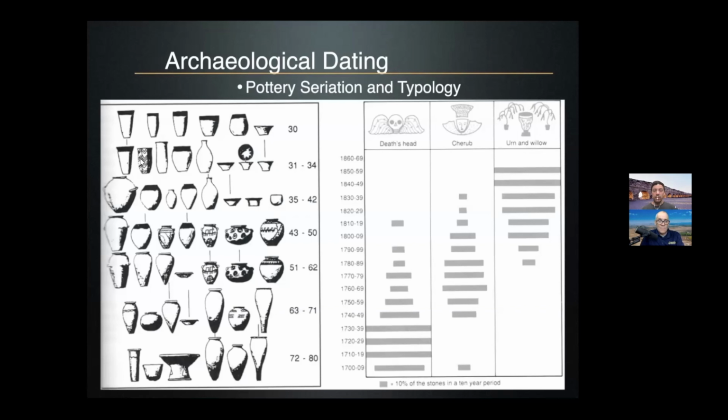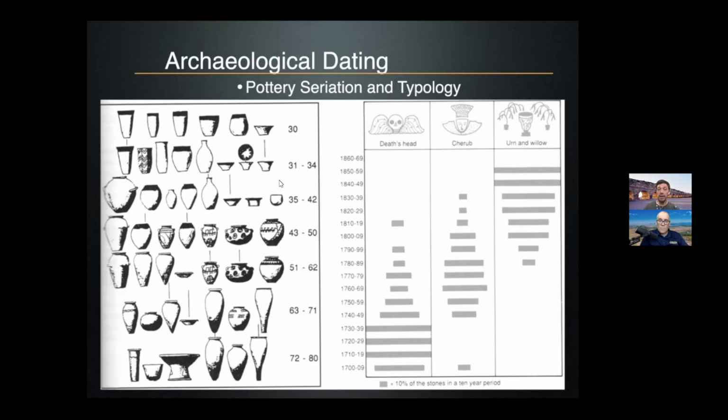And he realized that certain forms change more readily than other forms. And as a whole, pottery forms change from one time period to the next. And so all you have to do is establish a relative sequence of these forms, and you can create your chronology.